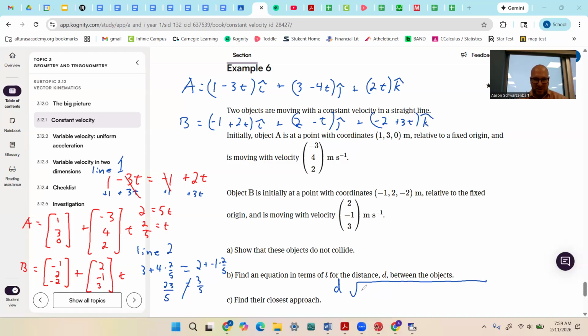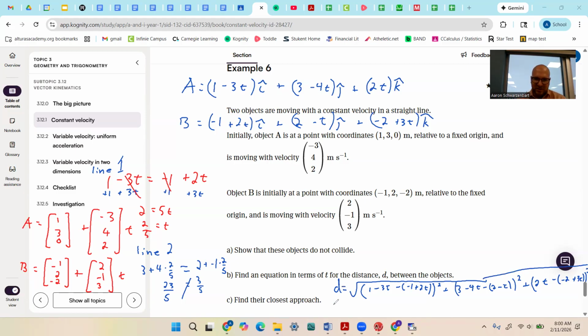The distance, I just subtract the things squared. 1 minus 3t minus (-1 plus 2t), 3 minus 4t minus (2 minus t), all under that square root.